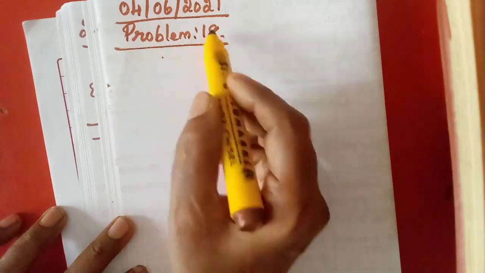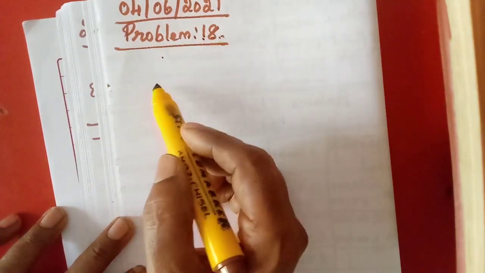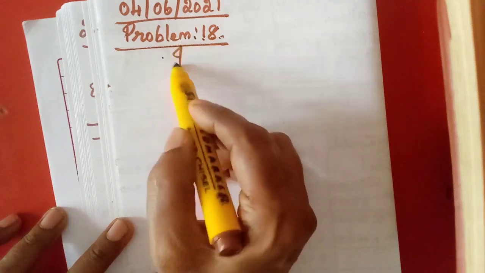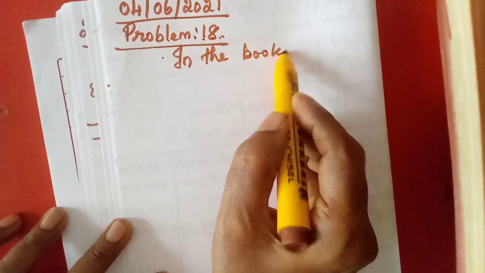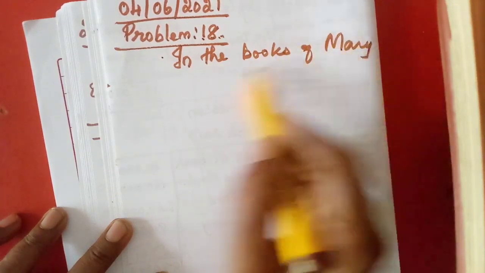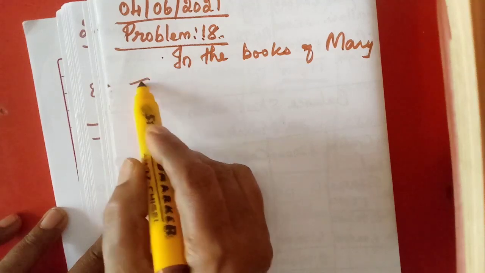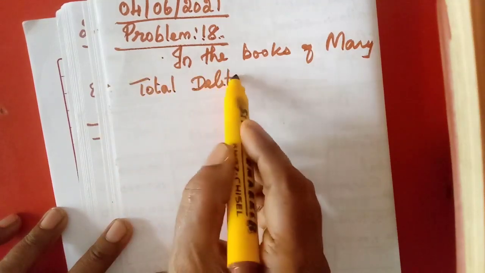So we should write the problem number first. Then the heading, in the books of Mary. Then the next account name, total debtors account. You use both pages.